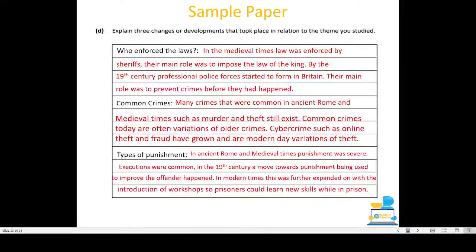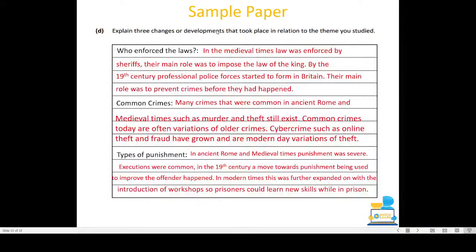So punishment starts focusing on how to improve offenders, rather than in medieval and ancient times when people were executed. And then in modern times, this was further expanded on with the introduction of workshops, so prisoners could learn new skills while in prison. So that is our next section done there.